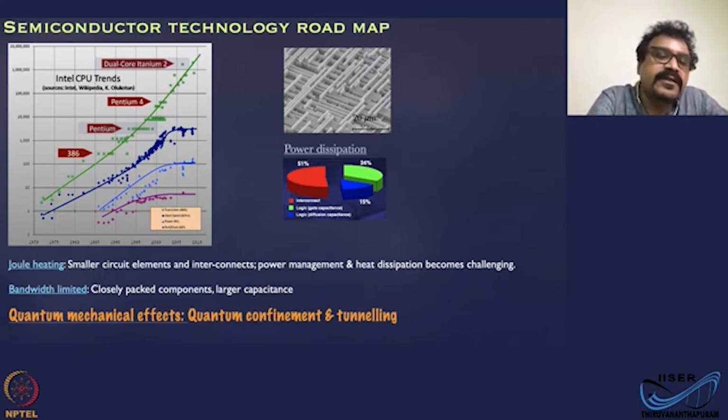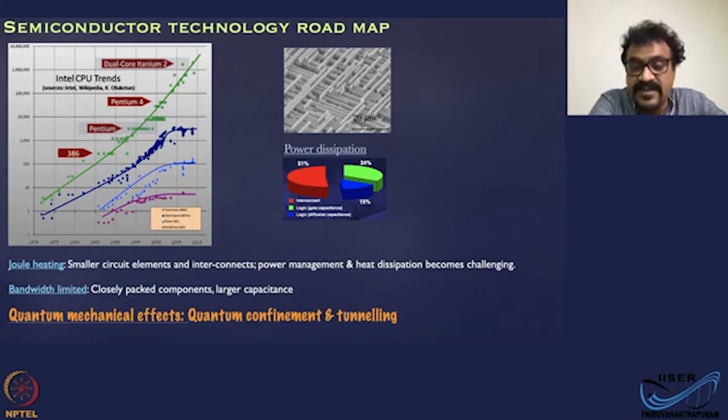And if you look at what the issues are, one of the main things is the clock speed is bandwidth limited by the resistance and the capacitance involved in the circuit. You can see that these are very densely packed, and as you increase the number of transistors, or as you increase the density, you will increase the capacitance and you will also increase the resistance.